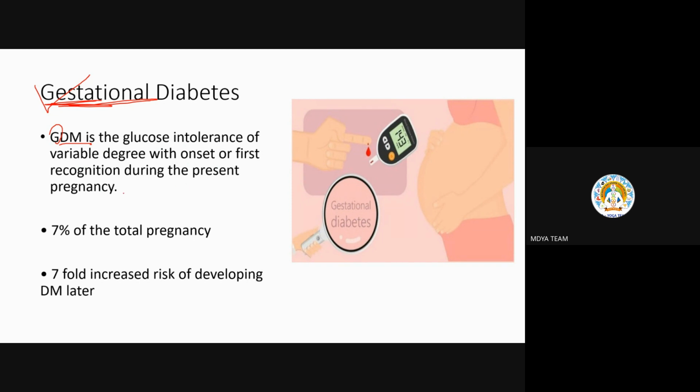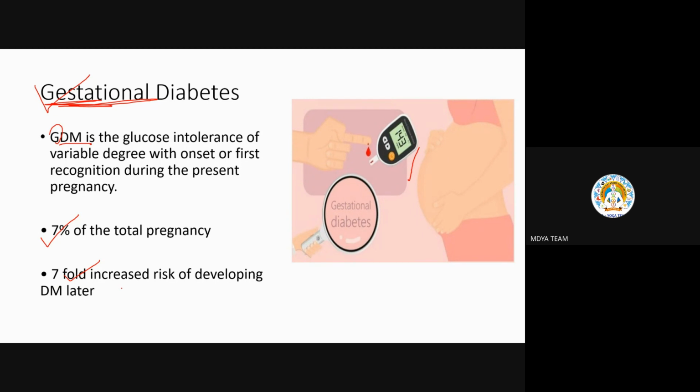In simple terms, when we diagnose diabetes for the first time during pregnancy, it is known as gestational diabetes. 7% of total pregnancies could have it. Therefore, we say that during pregnancy there could be chances for females to have diabetes. Or certain diseases, like sometimes in females at the time of pregnancy, thyroid also increases. Okay, or they could have thyroid, but normally after that it will normalize.